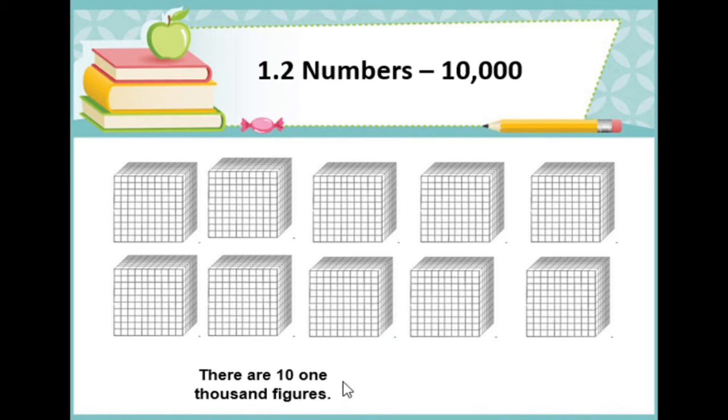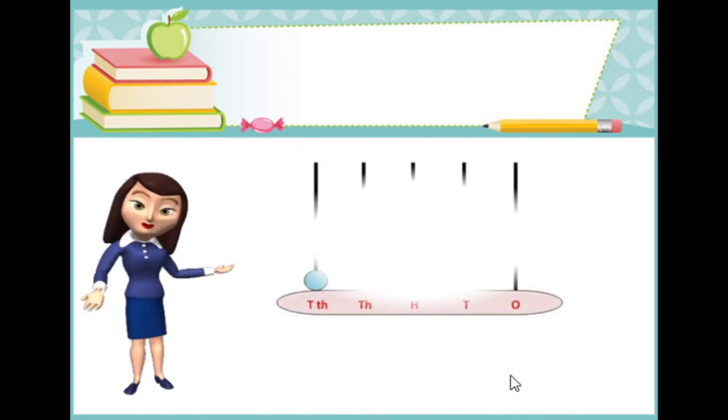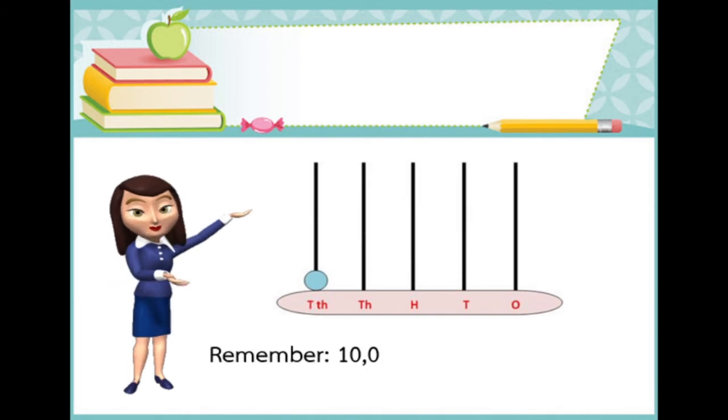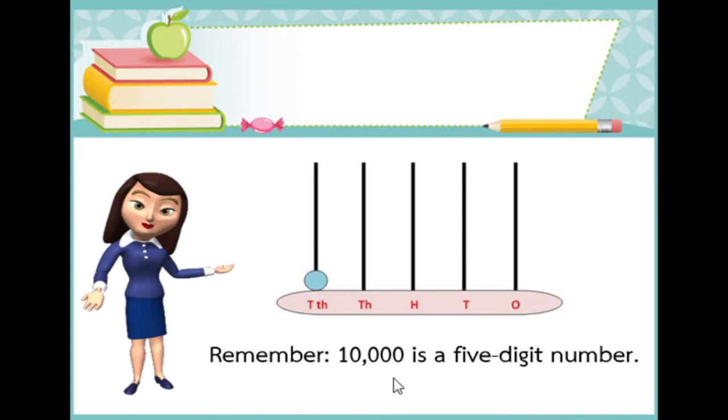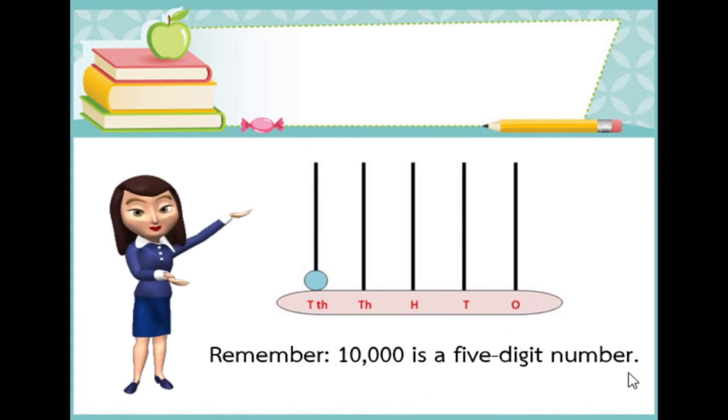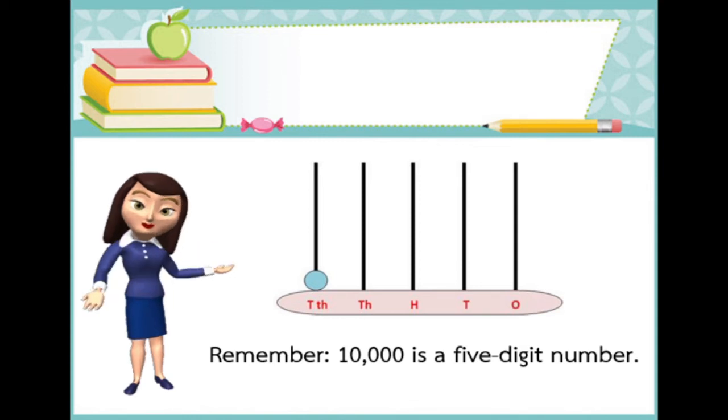In other terms, if we have 10 1,000 figures, we have how many? It's 10,000. Very good. Now, remember, 10,000 is a 5-digit number, which means when we reach 10,000, there must be 5 numbers.